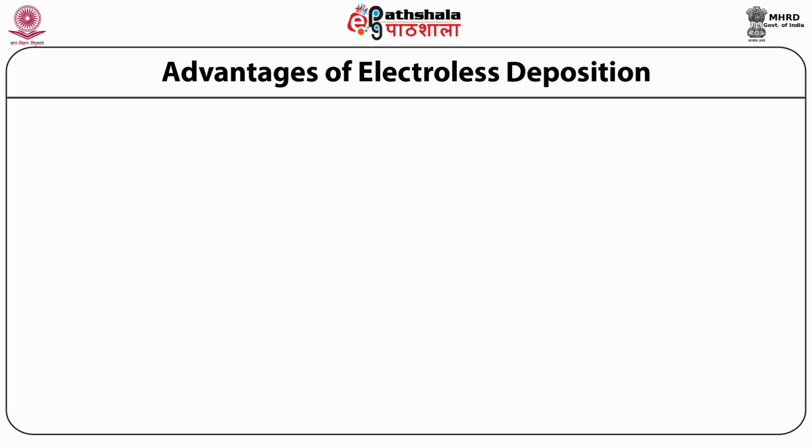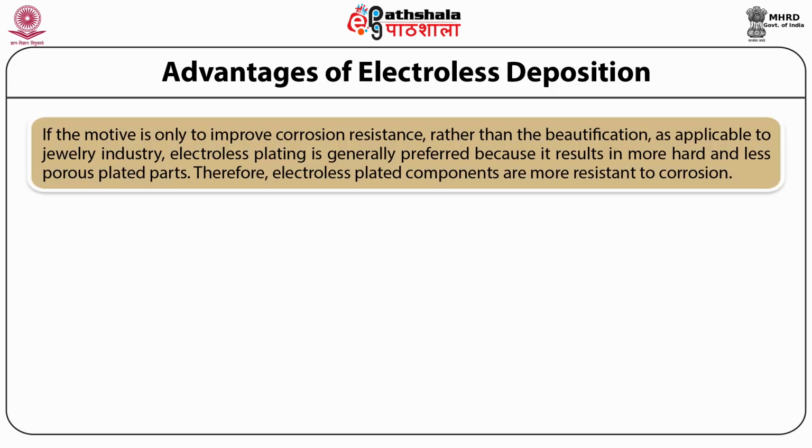Let us next discuss the advantages of electroless deposition. If the motive is only to improve corrosion resistance rather than the beautification as applicable to the jewelry industry, electroless plating is generally preferred because it results in harder and less porous plated parts. Therefore, electroless plated components are more resistant to corrosion.